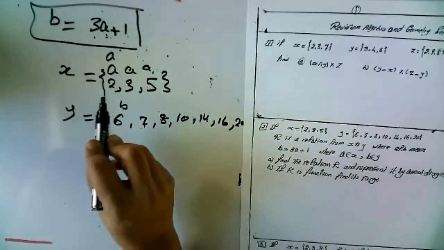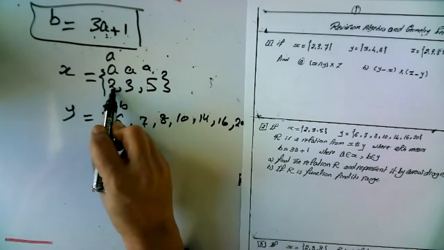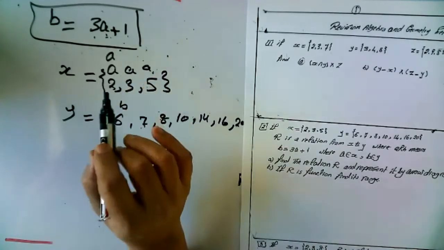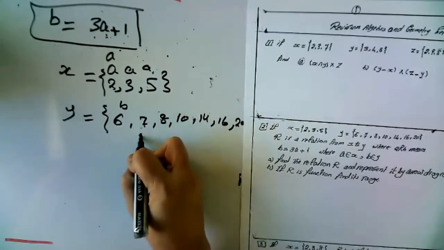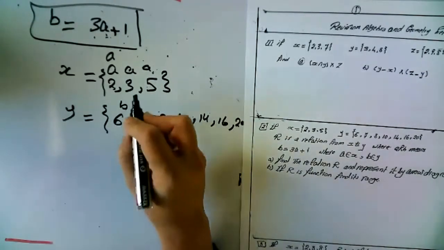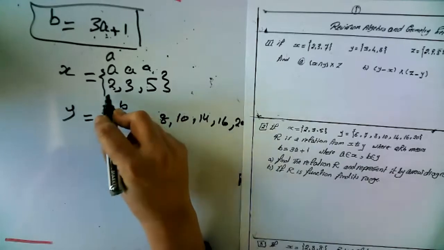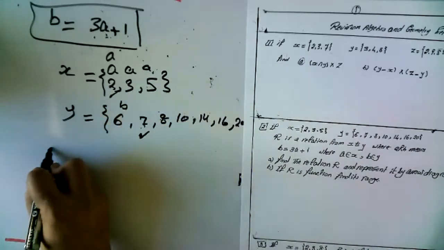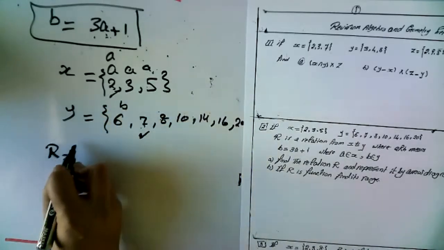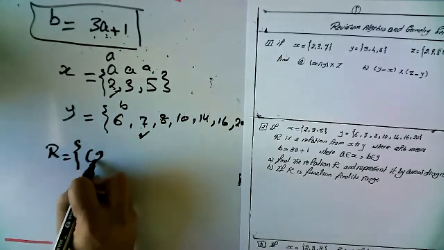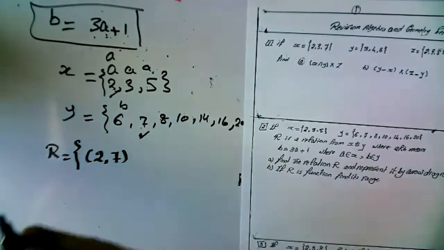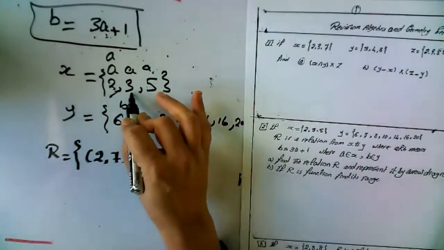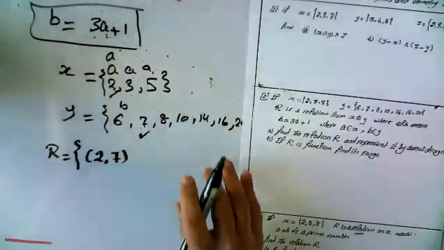Multiply 2 times 3, 6, plus 1 equals 7. 7 is one of the elements of the set y, b. Then the ordered pair (2, 7) satisfies the relation. 3 times 3, 9, plus 1 equals 10.